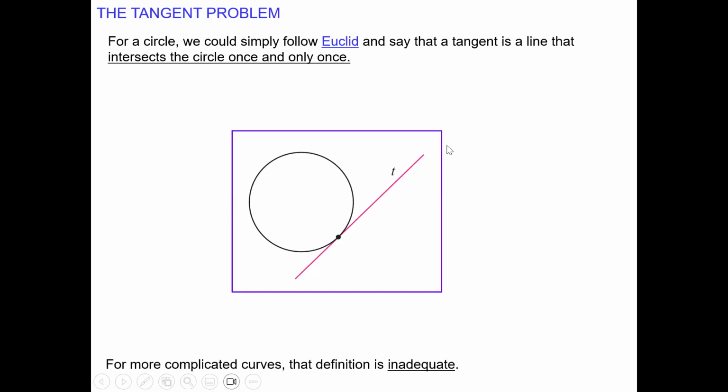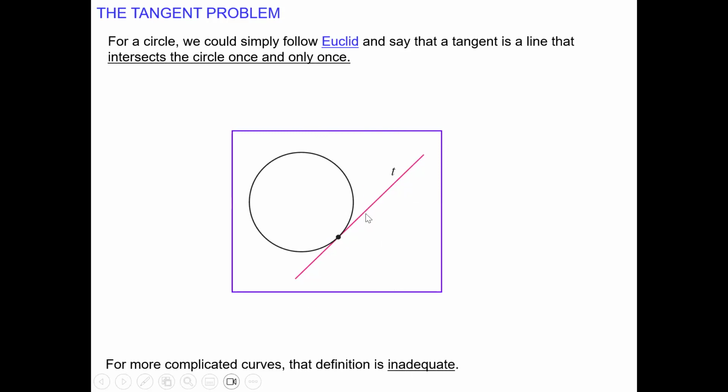And this is correct, because trying to draw a line that intersects a circle once, we will actually draw a tangent line. But when we take a different curve, this definition will not be exactly correct. It will be inadequate because the verb intersects is not exactly proper.